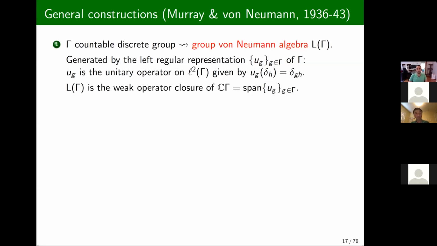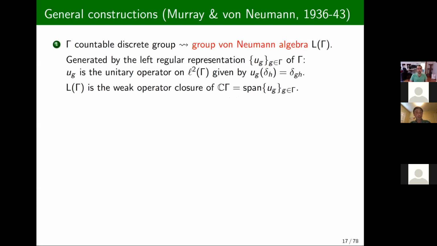All right, and then L of gamma is defined as the weak operator closure of the span of all these u_g's. Well, the u_g's form a group, so their span is an algebra, and in fact, it's a copy of the group algebra C of gamma. So L of gamma is the weak operator closure of C of gamma realized as an algebra of operators on l2.